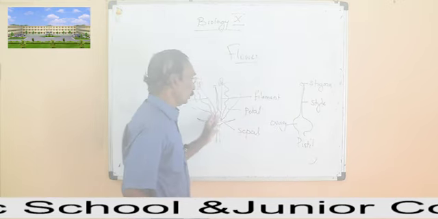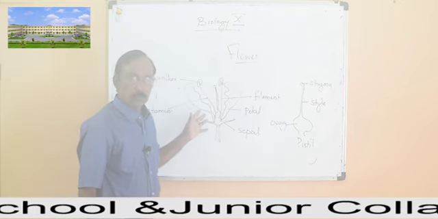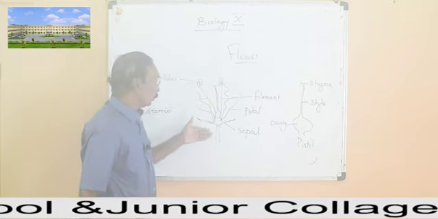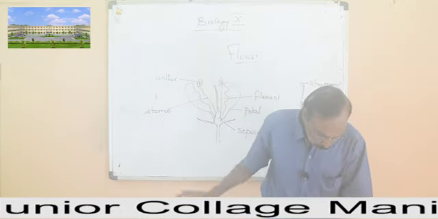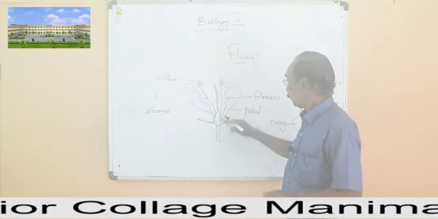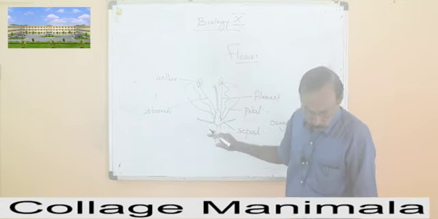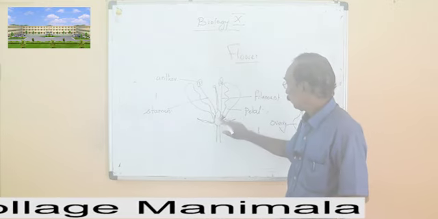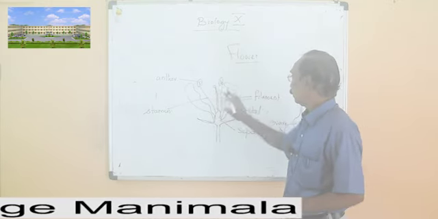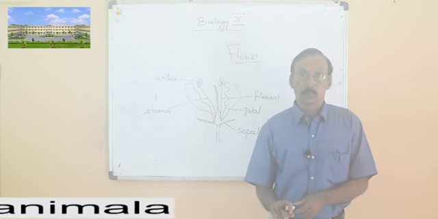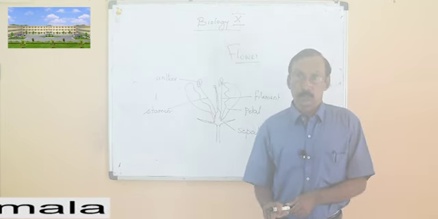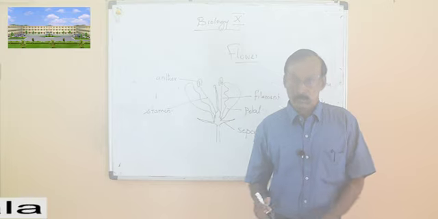So this is the structure of a flower, a longitudinal section of a flower, which can be asked in the examination. We will see the details of the parts present in the ovary and all other things later. We will continue in the next class. Okay, thank you.